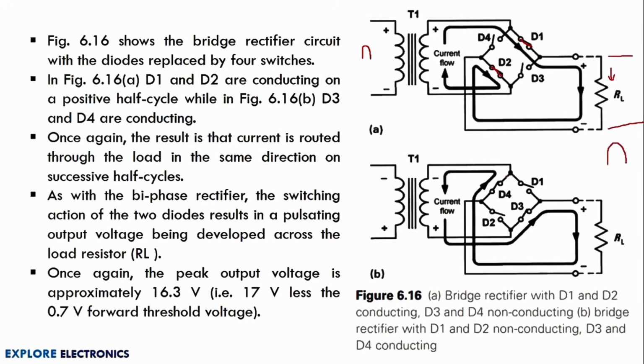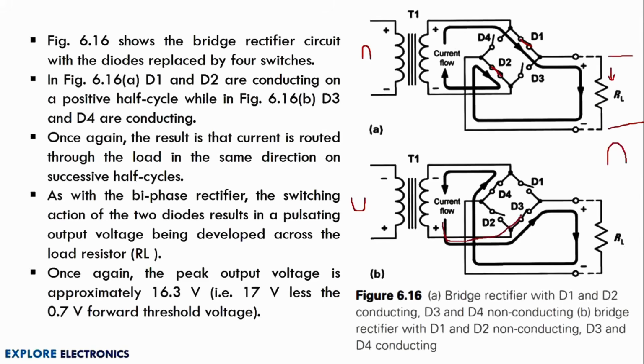When the negative half cycle of the input is applied, the current flow will be in the other direction. D1 and D2 become reverse biased and D3 and D4 become forward biased. So the current will flow in this direction through D3.